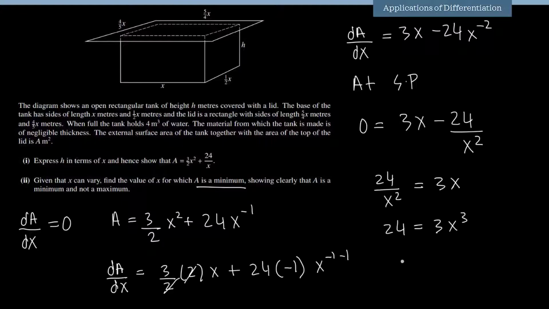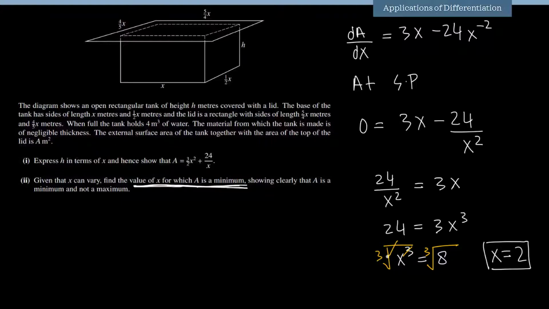Dividing the equation by 3 would give me x cubed is equal to 8. And when I take the cube root on both sides of the equation, this cube cancels out with this cube root, and the cube root of 8 is 2. So the value of x comes out to be 2. This is the value of x for which A has a stationary point.